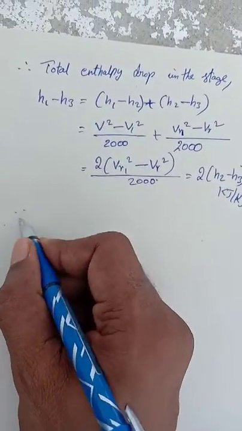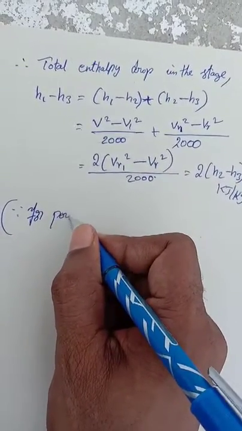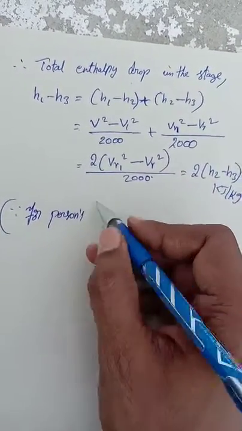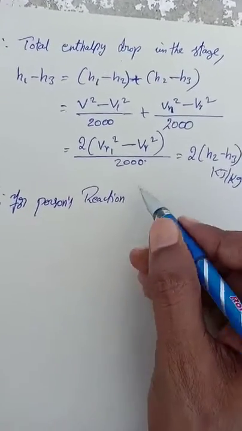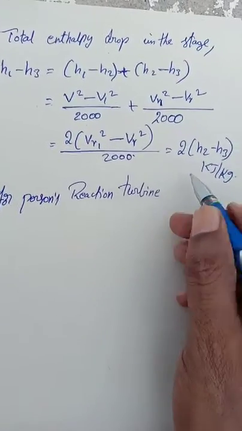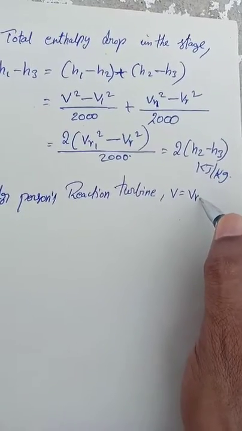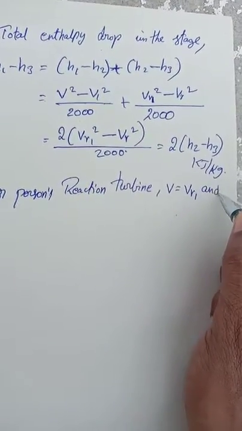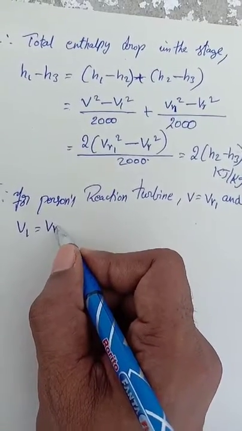Okay, since for Parsons reaction turbine V is equal to VR1 and V1 is equal to VR.